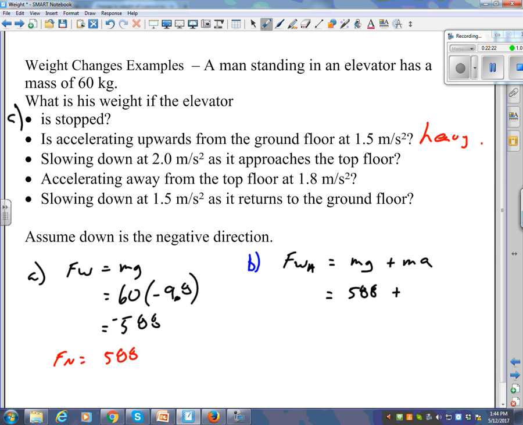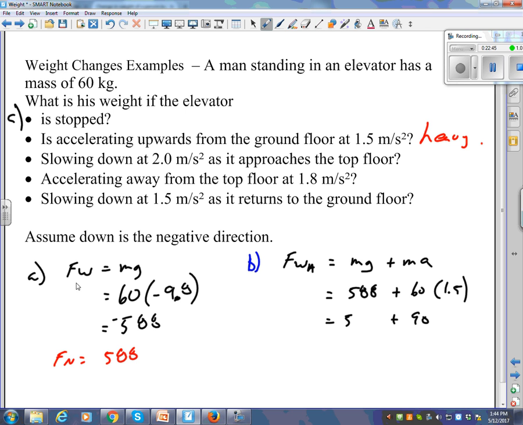The mass here is 60 and the acceleration is 1.5. And so, 588 plus, that's a 90. Now, let's stop and think.